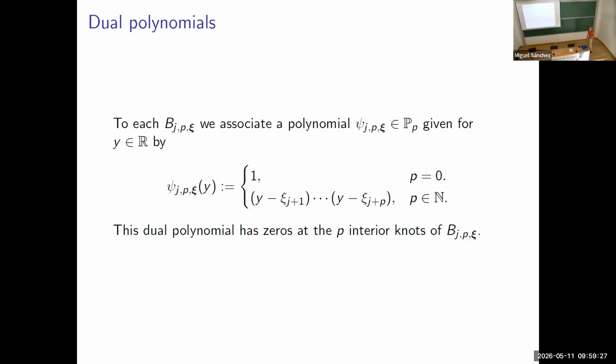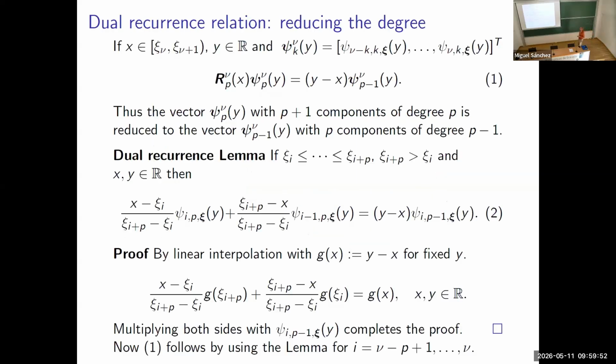So you take the p interior knots, not the first and the last one, only the interior knots. It's a polynomial of degree p, and you know the zeros. It cannot be more explicit than that. So this is what we call the dual polynomial corresponding to B_j. So each B_j has its dual polynomial.